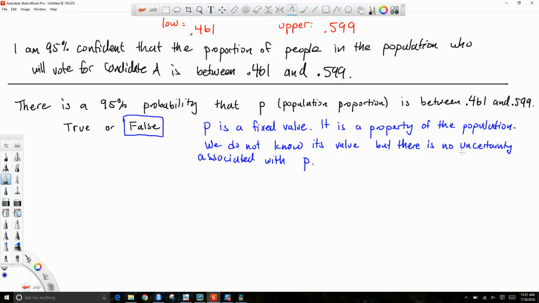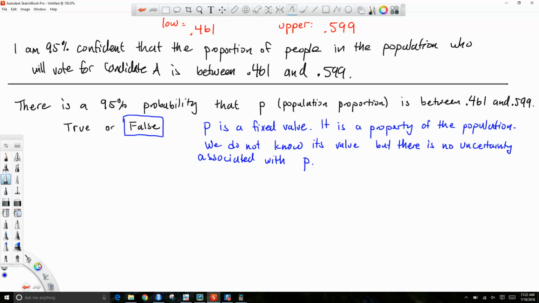P either is in there or it's not. There's no uncertainty associated with it. We're 95% confident that it is between these two values, but that's all we can say. We don't know the value, but we're 95% confident that it's in between here, and that's what we have. Is that all right? Okay.